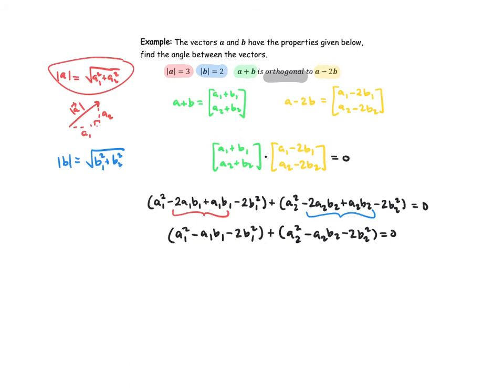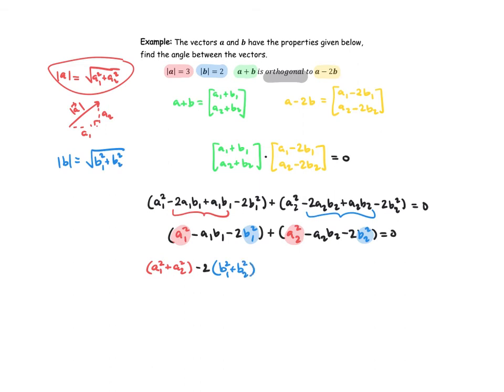Okay, so you may or may not see it, but I see an A1 squared here, and an A2 squared there. So I'm going to pull those out and go A1 squared plus A2 squared and group them. Similarly, I'm going to take this B1 squared and this B2 squared, factor out a -2, and group those two together, B1 squared plus B2 squared.